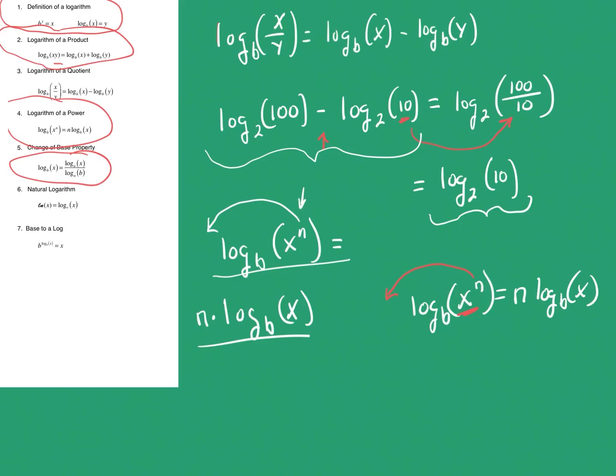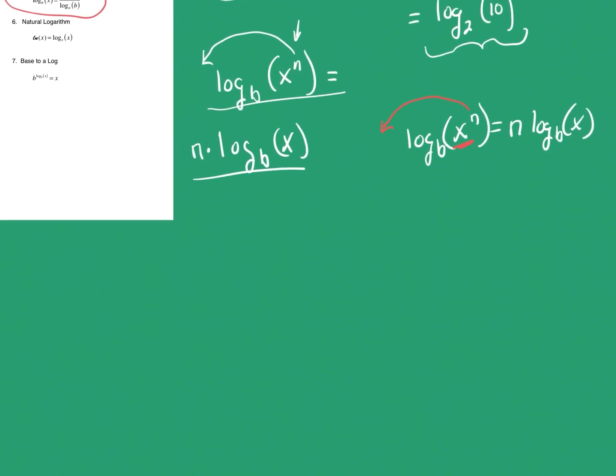Let me show you how this might work. Let's say I have something like log 2 of 8. Well, I can use this property. 8 is the same thing as 2 to the 3, right?